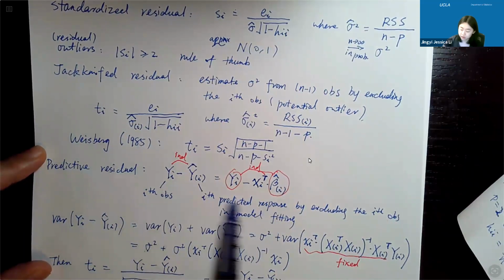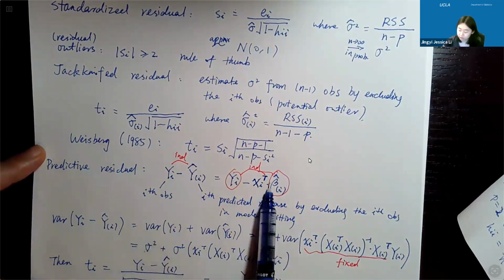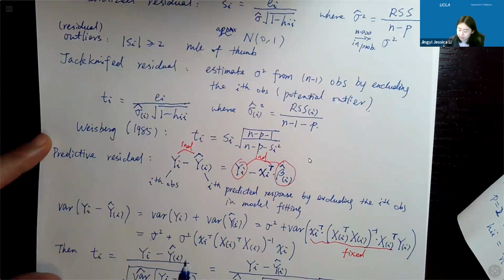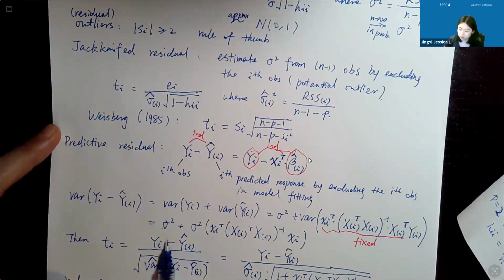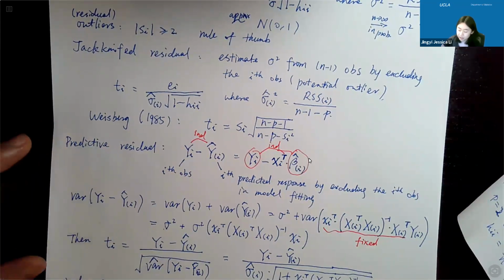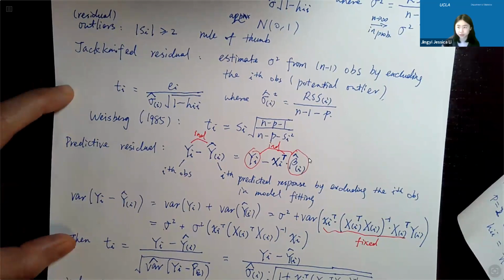And after we obtain the residual, we calculate its variance, and we found that this variance is also dependent on the value xi itself and other values. And of course, it also involves sigma squared, which is unknown. So we still need to find an estimate to plug in. So we can show that these two approaches are equivalent.